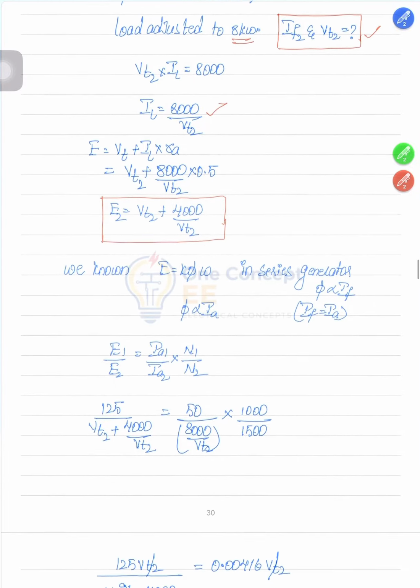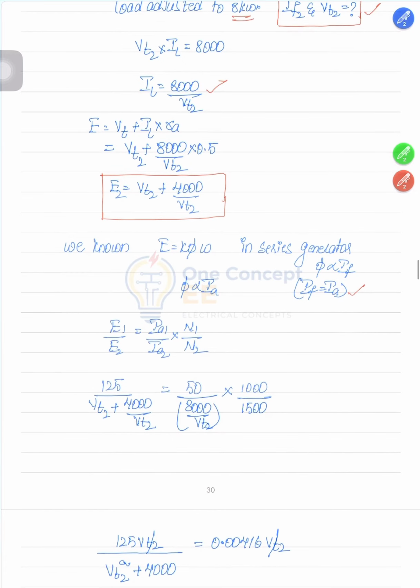We already know in a series generator Ia equals If, which means flux is proportional to field current. If Ia equals If, then flux is directly proportional to armature current. Now I am dividing the case 1 generated EMF by the case 2 generated EMF, which equals flux proportional to armature current, meaning case 1 armature current and case 2 armature current, similarly speed.